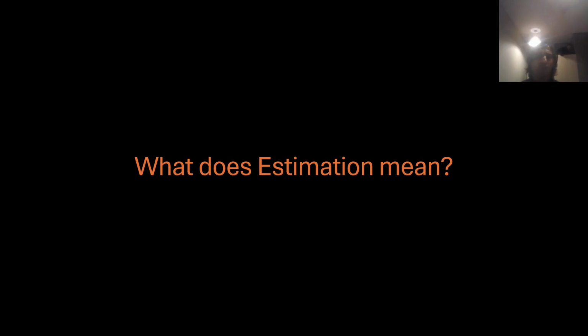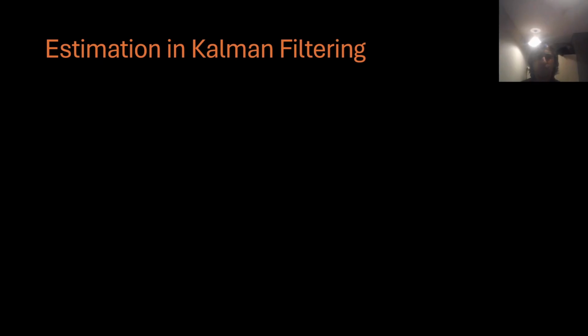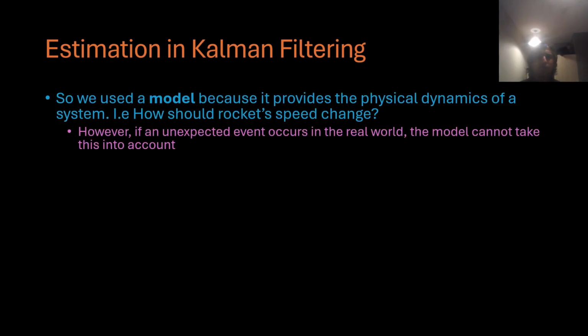So fine, you've predicted the speed using some model that you found online, but what does estimation mean? In Kalman filtering, we use a model because it provides the physical dynamics of the system, as I keep repeating. However, if an unexpected event occurs in the real world, the model can't take this into account.